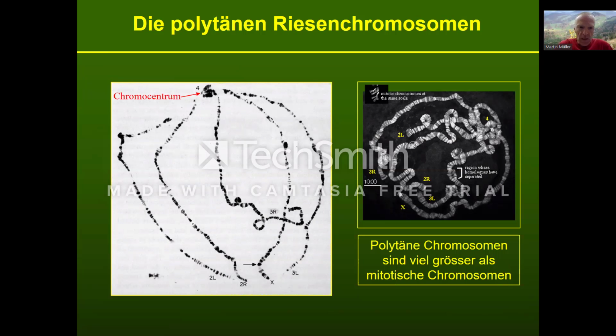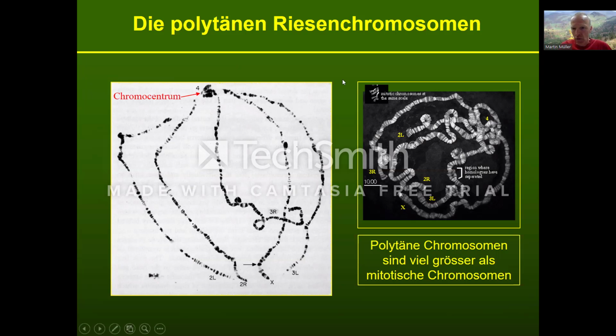of bands and interbands. So 2R in one fly looks exactly the same as 2R in another fly. And by studying these patterns, they could identify the structural changes which X-ray induced mutations would have done.